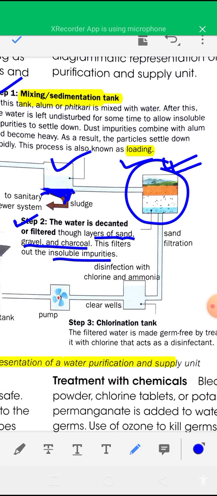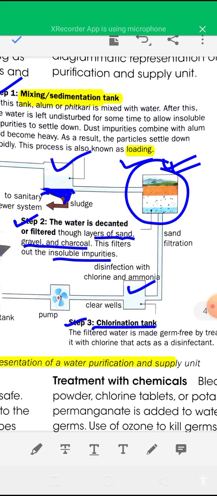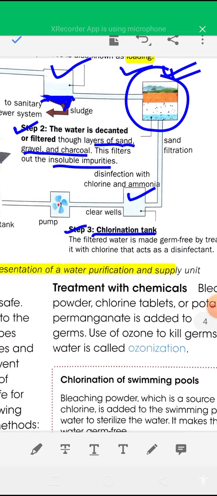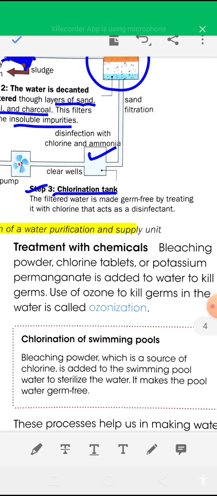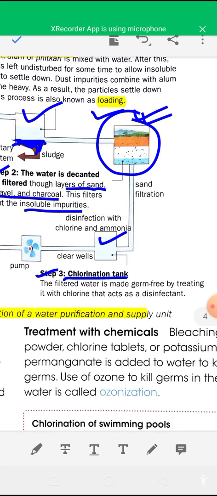After that you have to pass the water through this chamber. This is step 3, the chlorination tank. The filtered water is made germ free by treating it with chlorine that acts as a disinfectant. After removing dust particles and insoluble impurities, you pass the water through the chlorination tank.